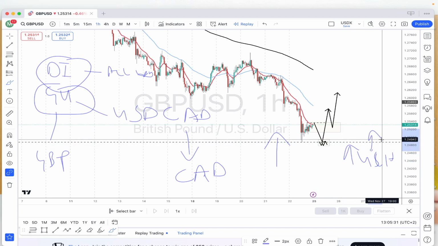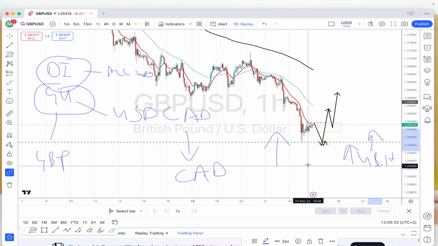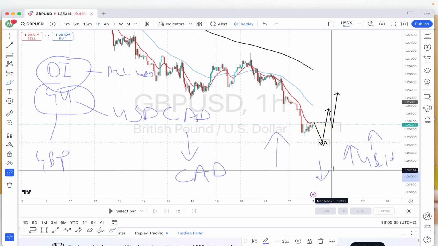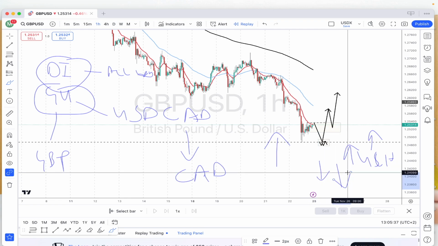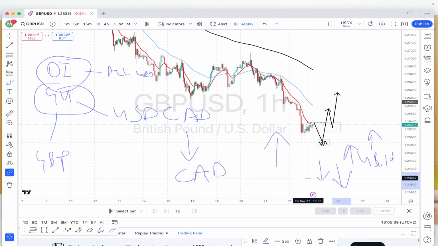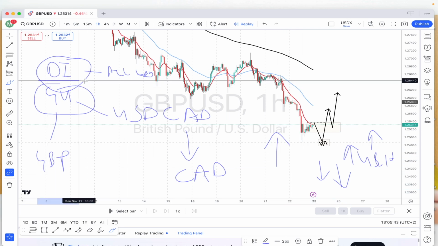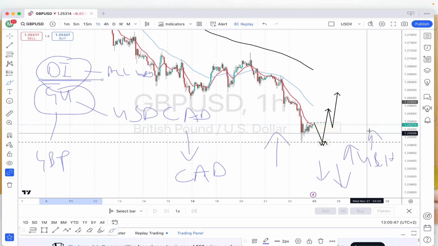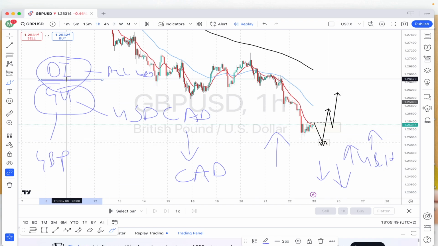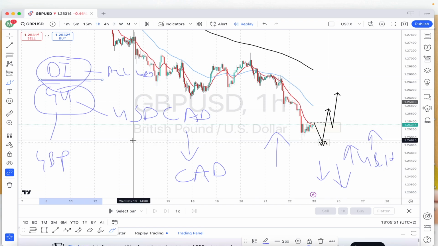USD CAD should buy. EU should sell. GU should sell. All right. So XXX USD will be opposite to the dollar index, and then USD XXX will go in the direction of where the dollar index is going.